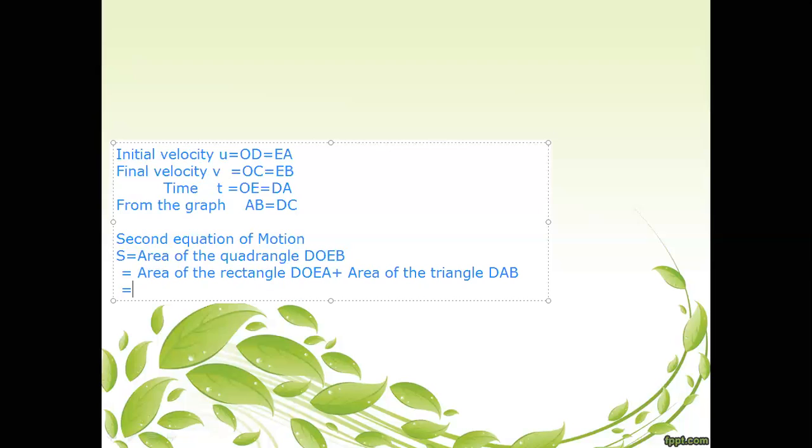So we write down the area of the rectangle DOEA equal to AE into OE plus, for the area of the triangle, we write down half into AB into DA.